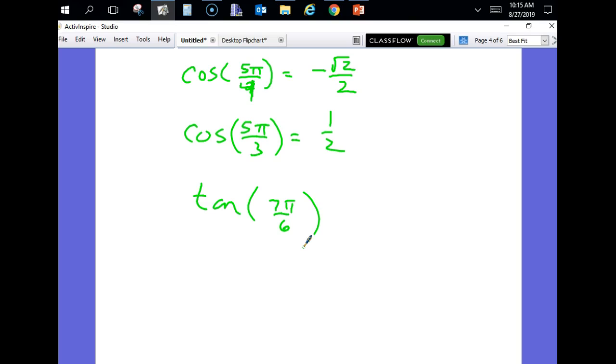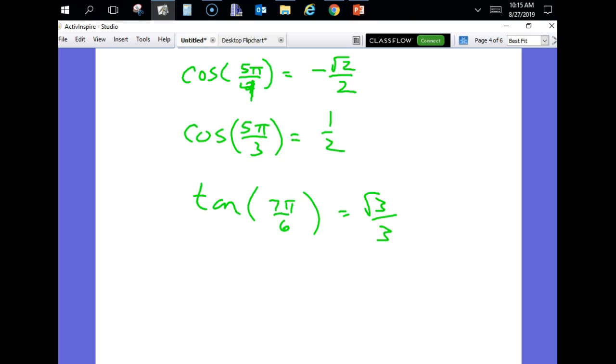Do you see it? And what's the tangent value that we put there? Is it positive? All right. So that's evaluating, just plugging numbers in.